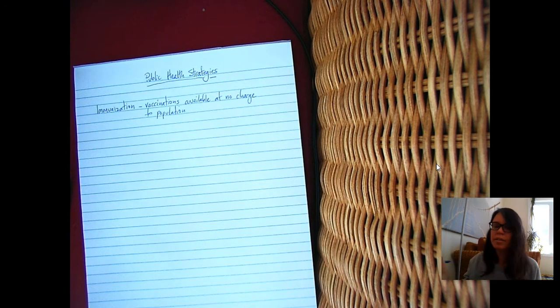So not everything has a vaccine. Not everything maybe you want to get vaccinated for. So we have some things that are considered more mandatory than others. So for example, if you think of the flu vaccine, there's nothing mandatory about getting the flu vaccine.